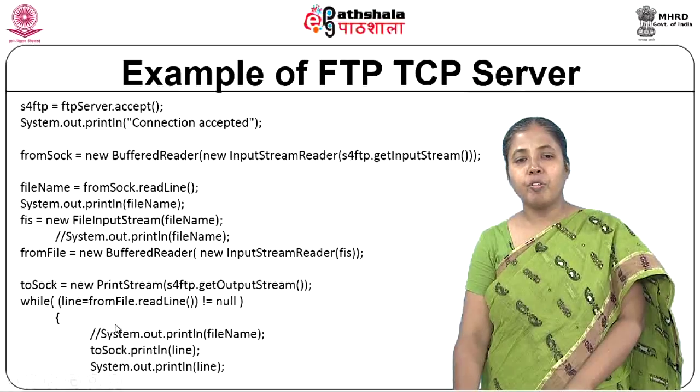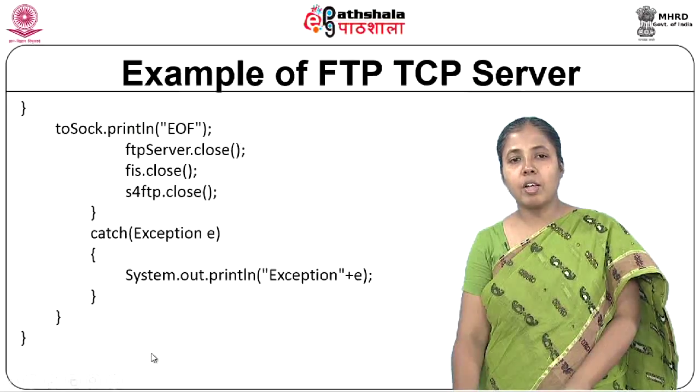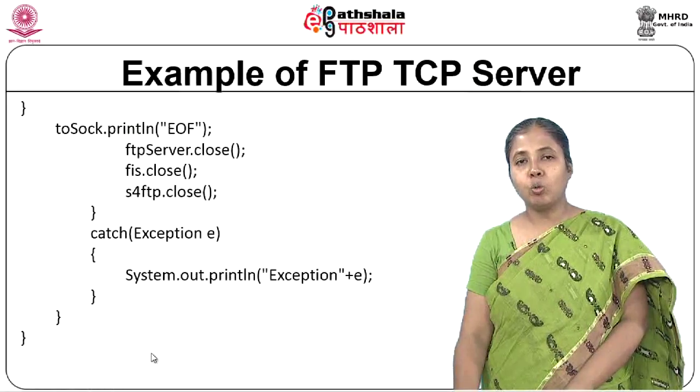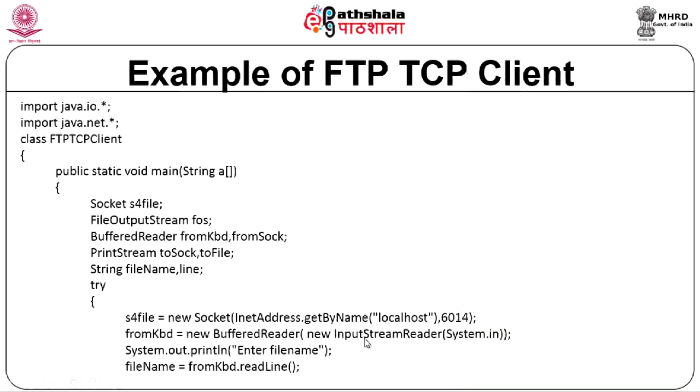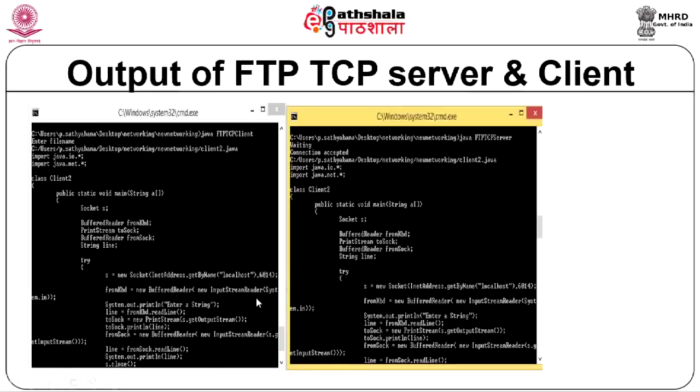So, you read from the file and write to the socket. The server is actually sending the file to the client. The example says that the client gets the file name from the keyboard and sends it to the server, the server reads the file and sends the data to the client. So, in the code you can see that the file has been transferred from the server to the client.